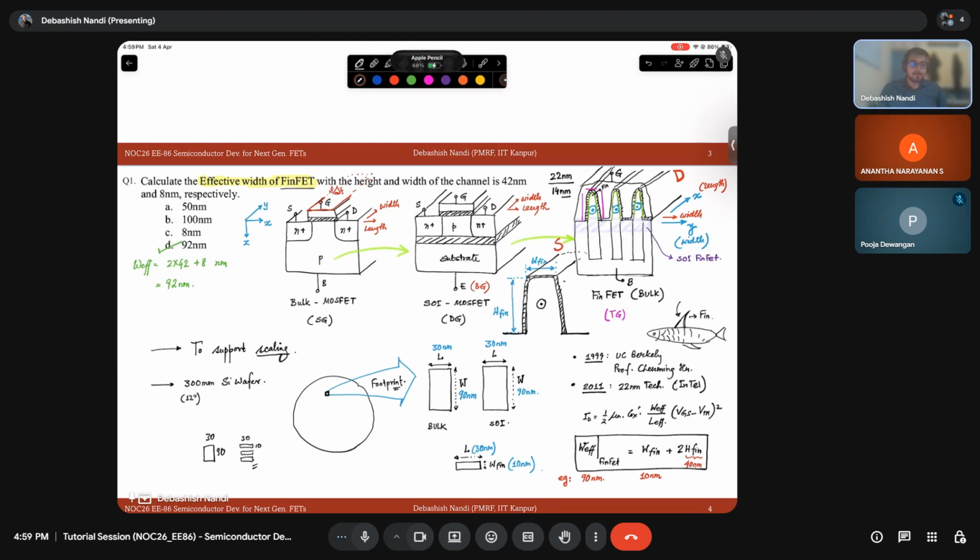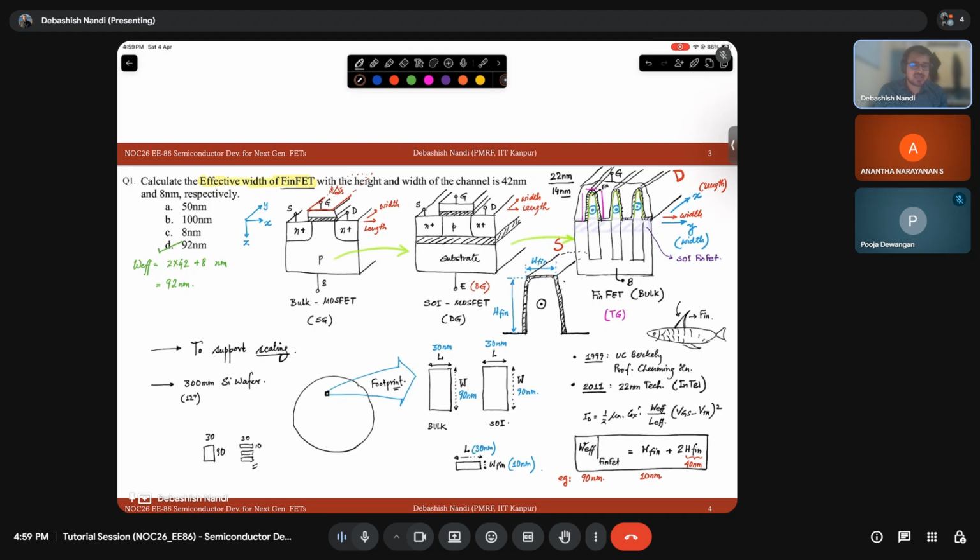Sir, for our final exam, do we need to learn the fabrication step flow and all? There may be some MCQ question on that. You just need to know what is ALD, for example. You don't need to understand what actually ALD is or E-beam lithography is, or ultra UV etching and all, right?